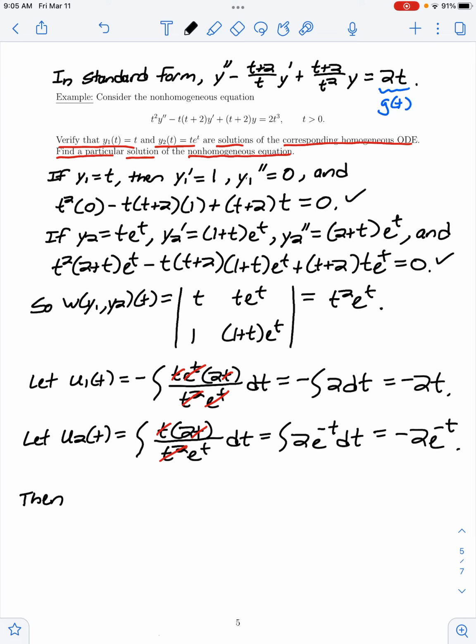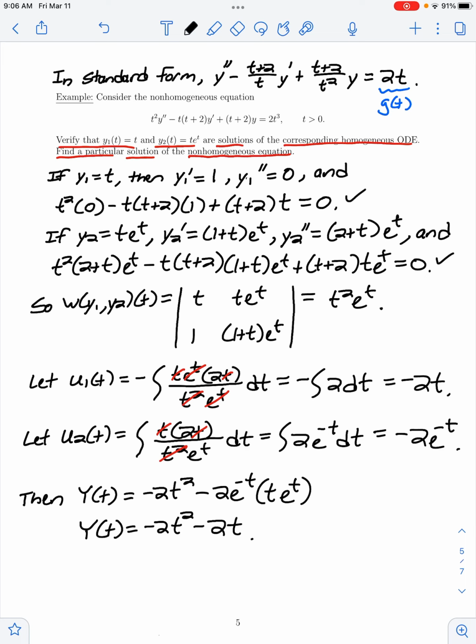We then have a particular solution, capital Y, of the form u1, which is negative 2t, times y1, which was t, so we get a negative 2t squared, plus u2, which was negative 2e to the negative t, times y2, which was t e to the t. And this simplifies to negative 2t squared minus 2t.